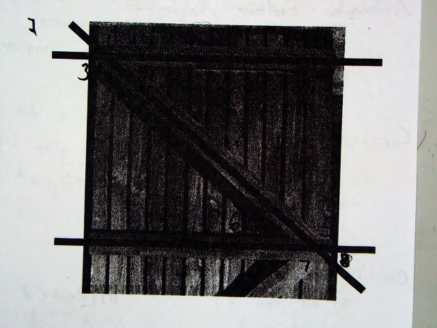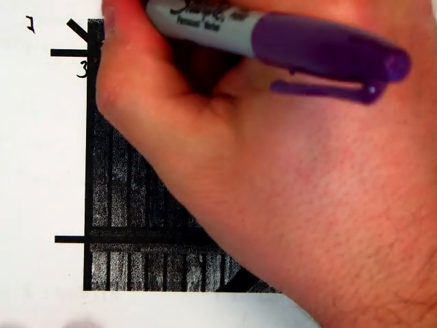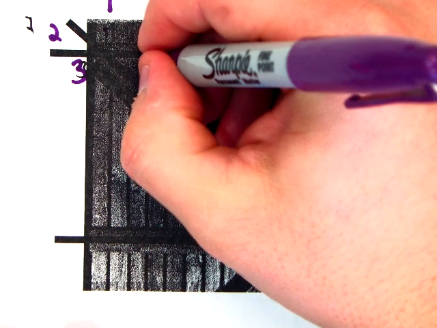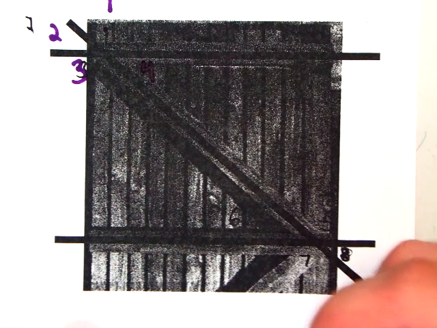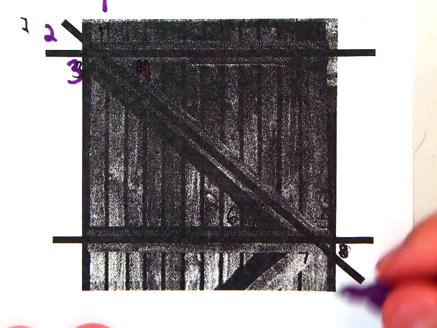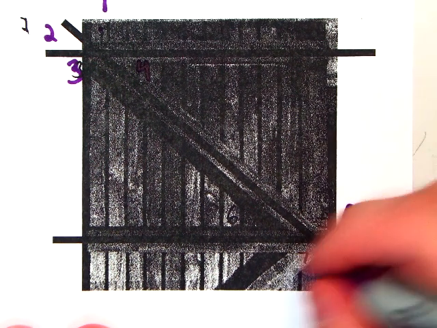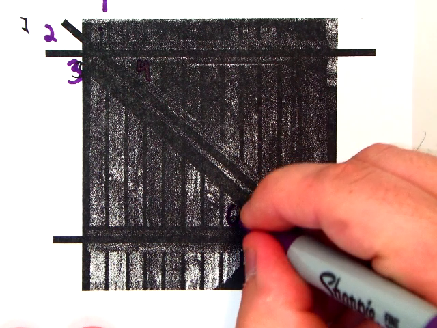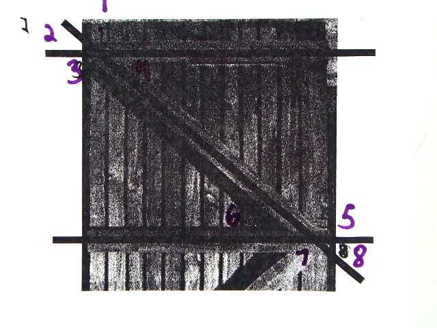Thank you. I'm going to show the different angles here. So this one here is 1. This is 2. This is 3. This one here is 4. Then we have 5. Here's 7 down here. This is 8, which makes this one 6.